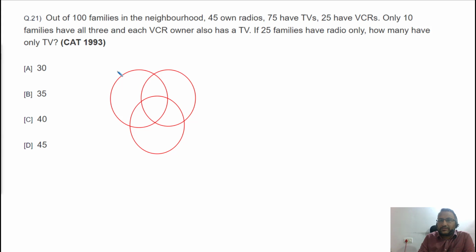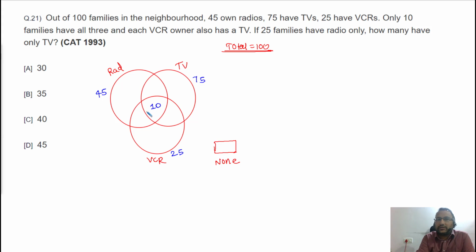This circle represents the number of families having radios. This is for TV, this is for VCR, and this region is for none. So total 100 families are there. 75 own TV, 45 own radio, then 25 own VCR, 10 families own all three.